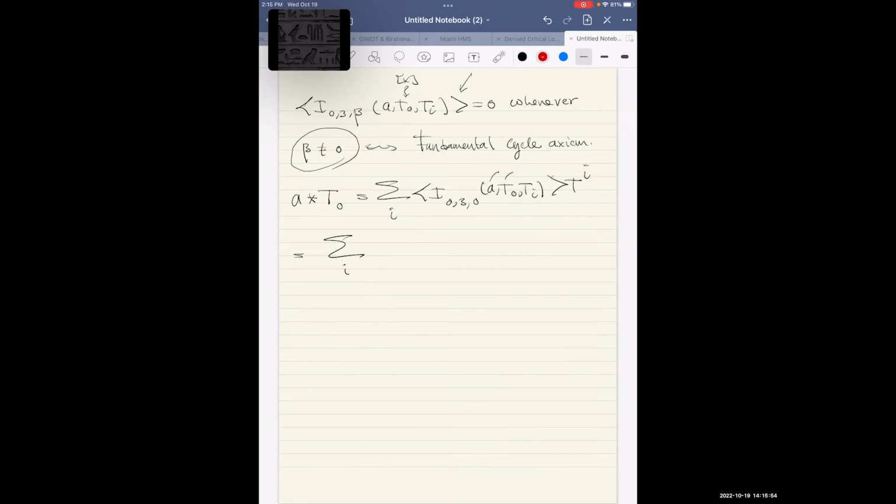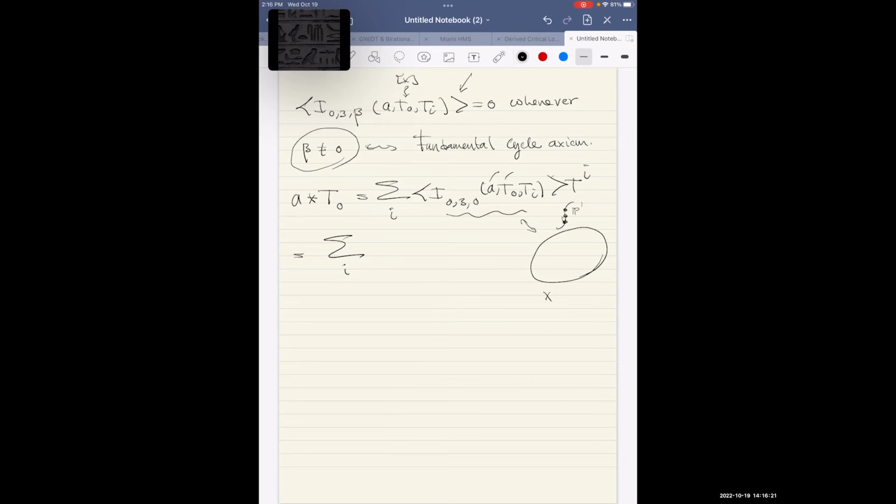One more time, I would like you to always have this visual point of view of what's happening. It's a constant map. It takes a P1 into this ambient variety. This P1 has 3 points on it, and these 3 points are going to land on the cycle A, and the cycles T_0 and T_i.